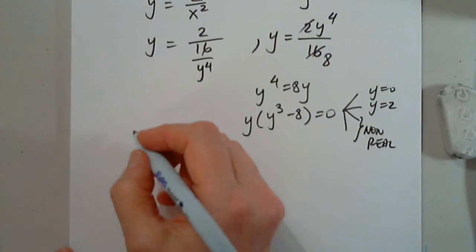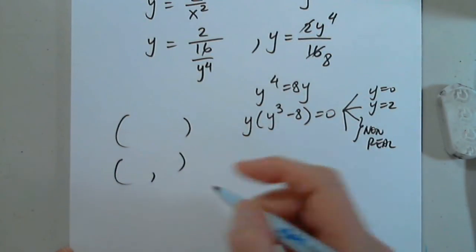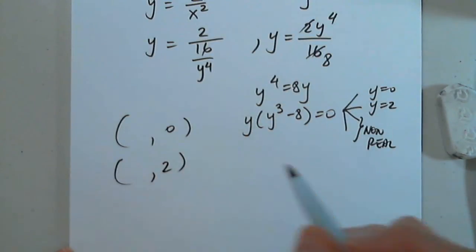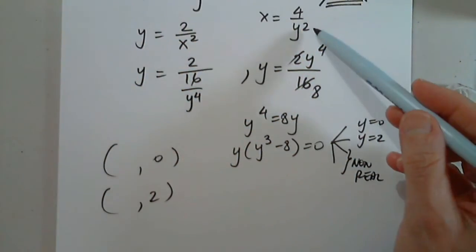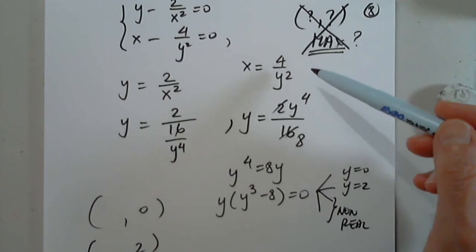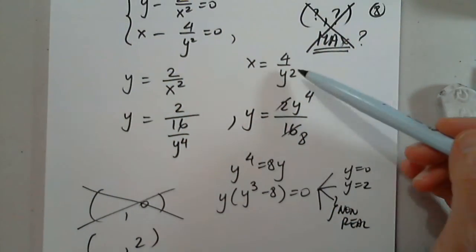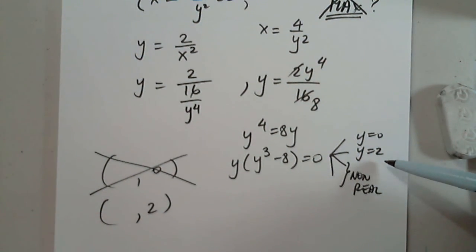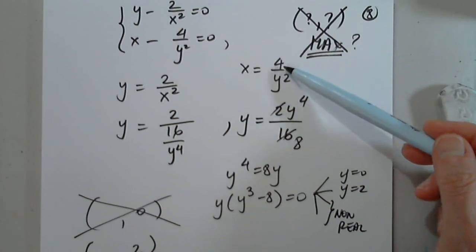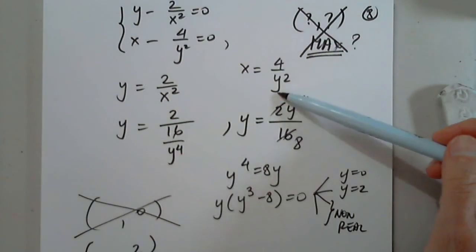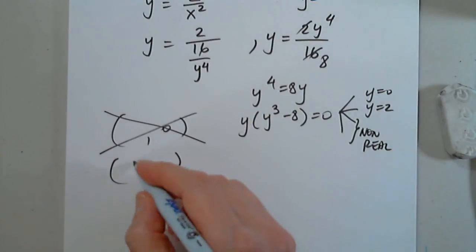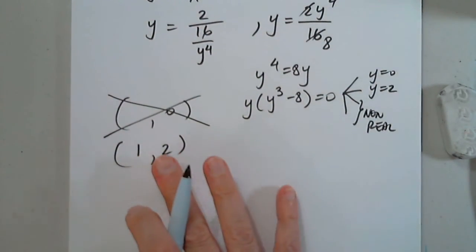Okay, so the points are 0 and 2. And let's see x now. Oh, that's not possible because I cannot plug in 0 here. So there is only one solution. And the other one, when y is 2, 4 over 4 is 1. So there is only one point.